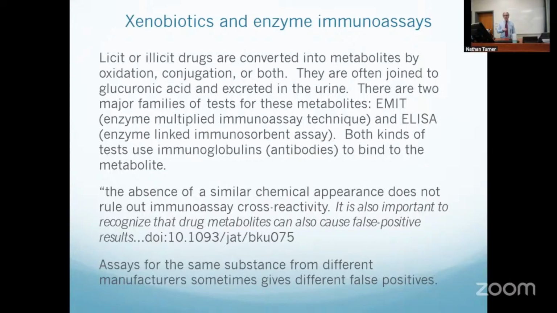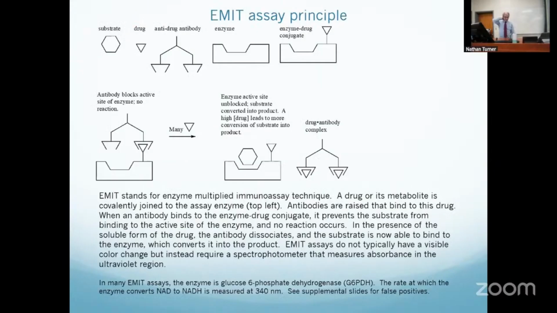But it's important to realize when a drug is ingested in the human body, it's rarely the case that one tests for that substance itself. One tests for metabolites of that, one or more metabolites. And that's an important distinction, as I think we'll see, because the metabolites are a tricky beast.